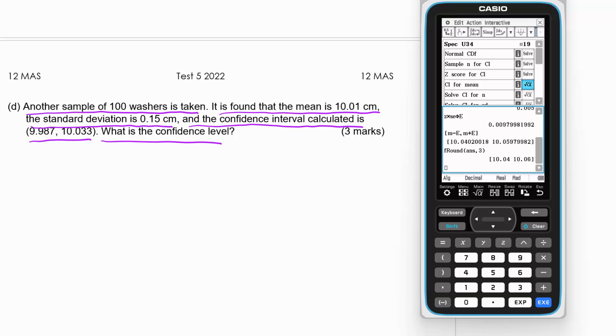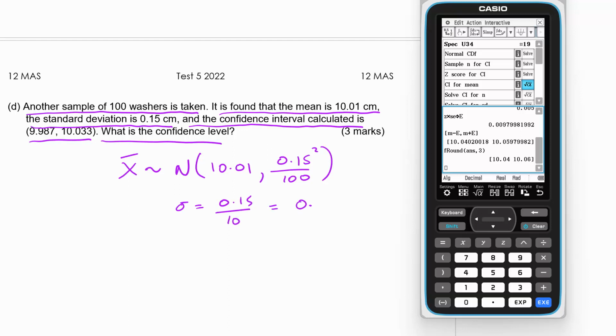Okay, so we know for this particular sample that it's normally distributed, 10.01, 0.15 squared over 100, which means, of course, that sigma is 0.15 over 10, which is 0.015. Now, we can use either the top or the bottom.